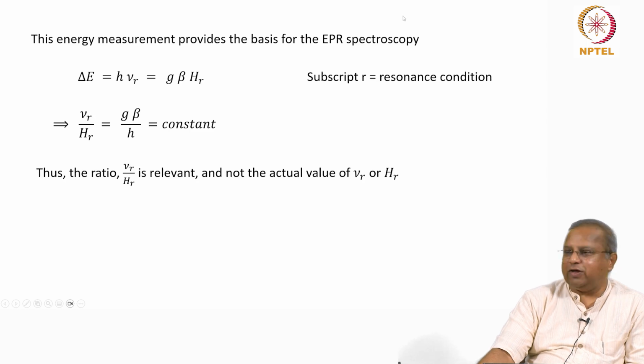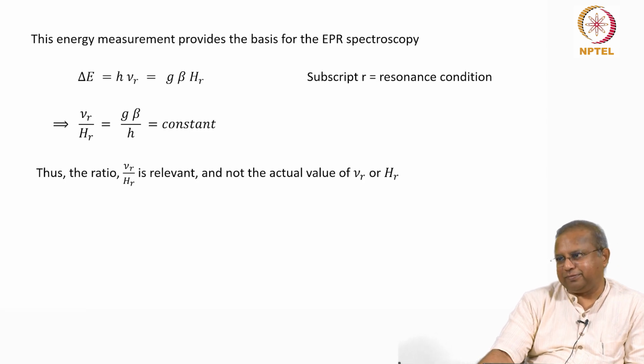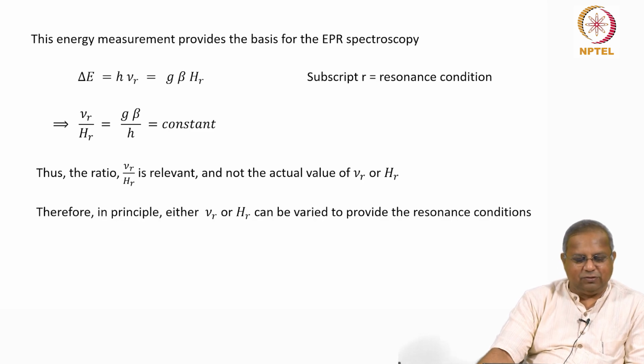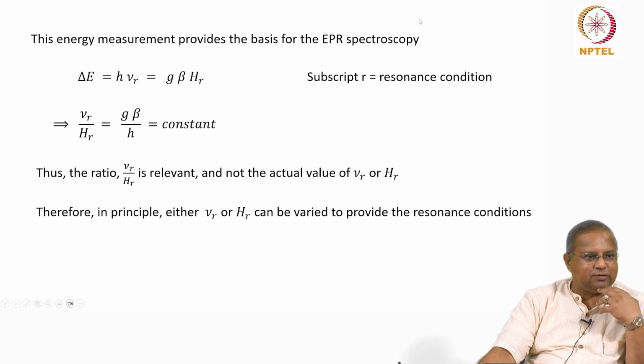Therefore, the actual value of nu_r or H_r doesn't matter. As long as the ratio is a constant, resonance will occur, right? So, in principle, either nu_r or H_r can be varied to provide the resonance conditions, right? The typical or the traditional way is to vary nu_r, the frequency, right?